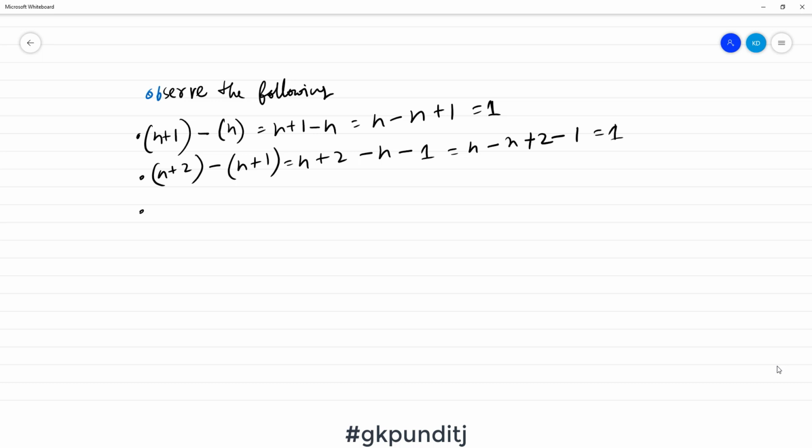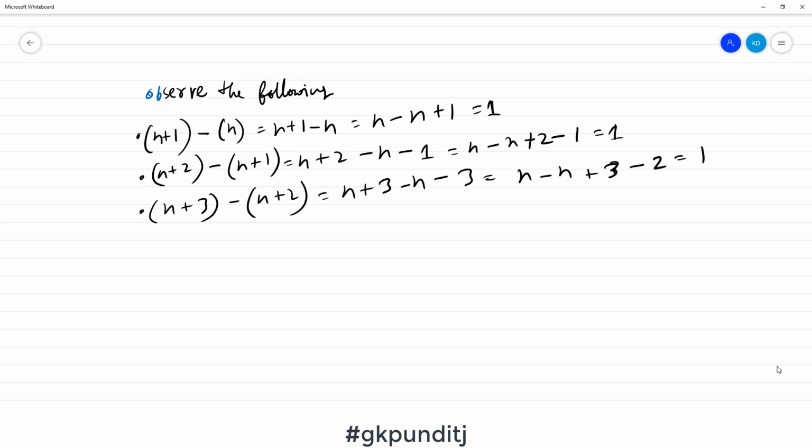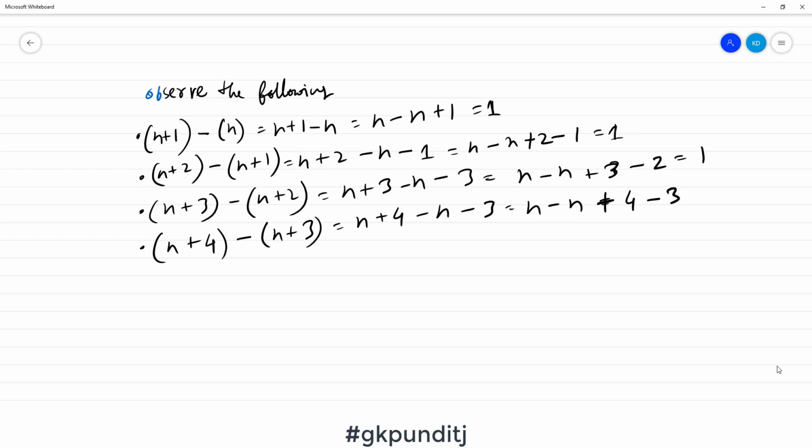And n plus 3 minus (n plus 2) is equal to n plus 3 minus n minus 2, which is equal to 1. And n plus 4 minus (n plus 3) is equal to n plus 4 minus n minus 3. Here n minus n cancels, and 4 minus 3 is equal to 1.